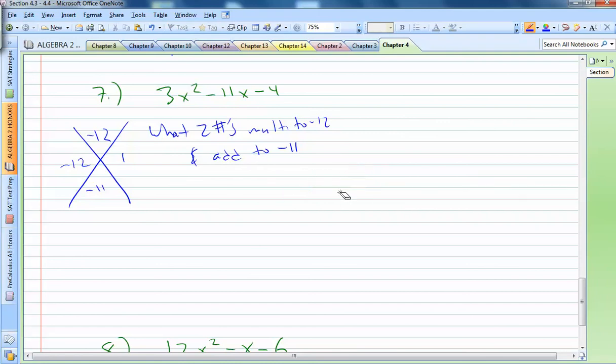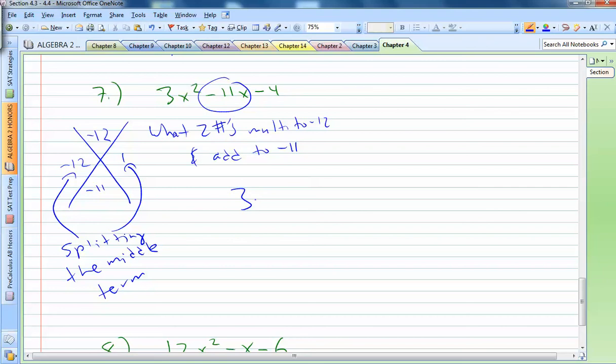But really what's happening here, without really realizing it, but now you will because I'm telling you, you're splitting the middle term. And that right there is a middle term. So really in essence, what we've done is we can rewrite this as 3x squared minus 12x plus x minus 4. So this expression that we had earlier is no different than saying 3x squared minus 12x plus x minus 4.